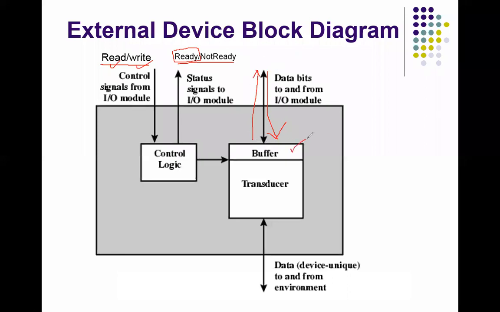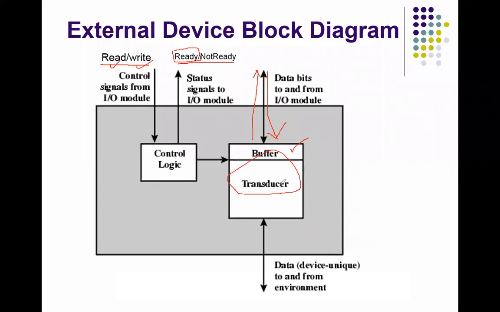As we have seen, a buffer is required between the processor and the peripheral because of the different data rates. Different peripherals have different data rates, so the buffer holds the data between the processor and the peripheral. Another one is a transducer.